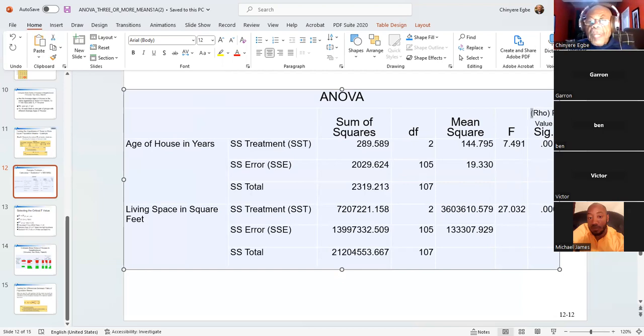All right. So, in this particular case, we found out that the calculated F of 7.49 is greater than the critical F of 5.09. So we reject the null hypothesis that all the average ages are equal. So we are saying there's at least one group among the several groups that has a different average.